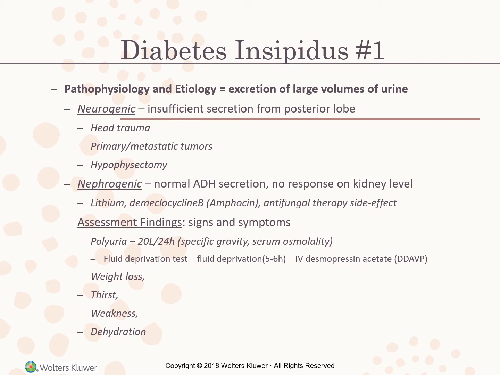It usually results from side effects of drugs such as lithium, declomycin, and amphotericin B. And most of the time, as long as we reverse these drugs, the symptoms will also reverse as well.